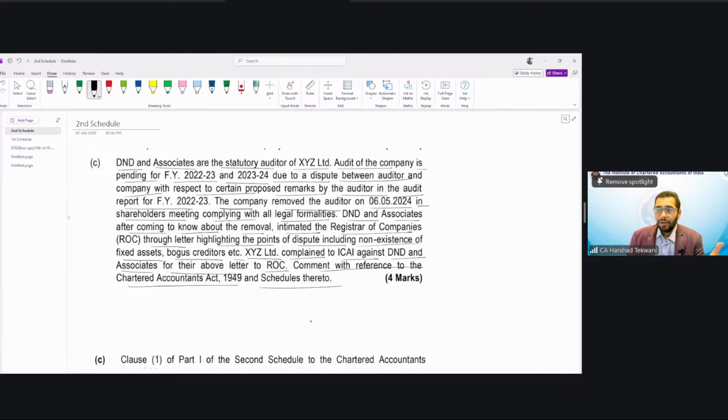You need to comment on this particular question with reference to the CA Act. So let me know your answer. What do you think, in this scenario, is correct? Whether the company is correct or whether DND and Associates is correct? Quickly.